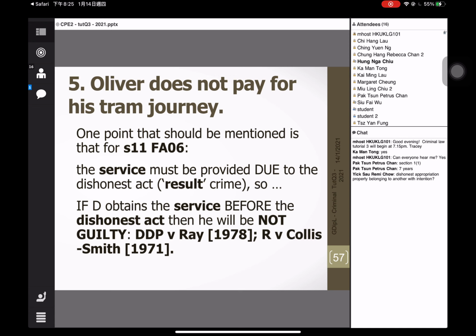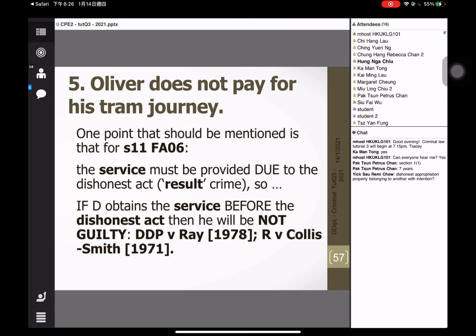But if the payment system is the opposite, like Hong Kong trams where you pay on exit, then we might have a problem with obtaining services dishonestly, because that offence is a result crime. So, if he obtains the service before the dishonest act, then he won't be guilty.